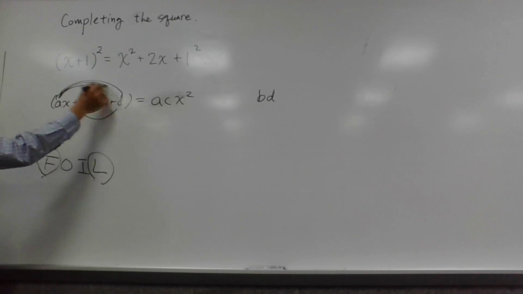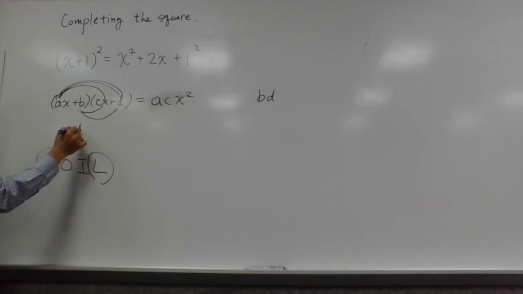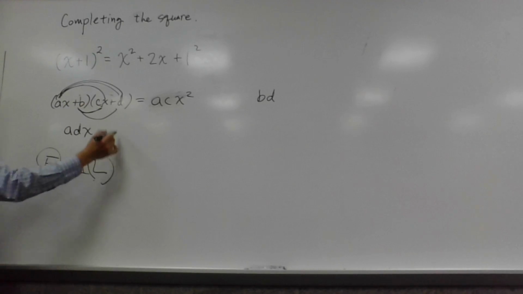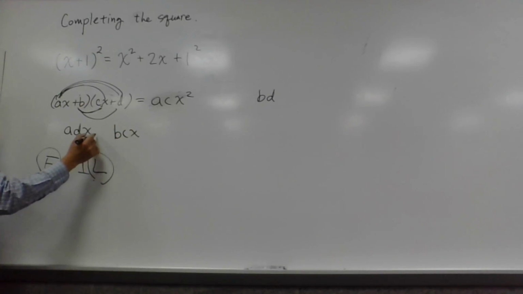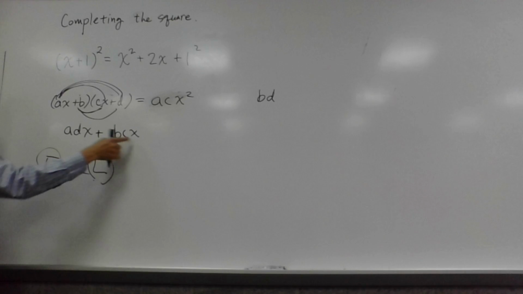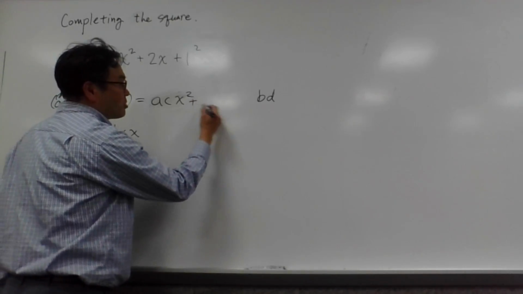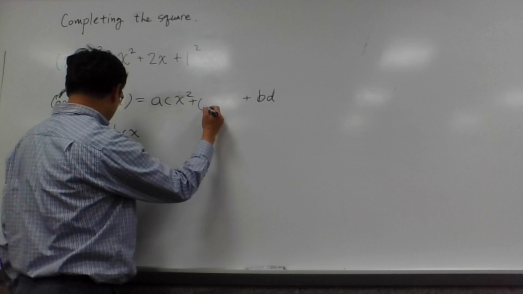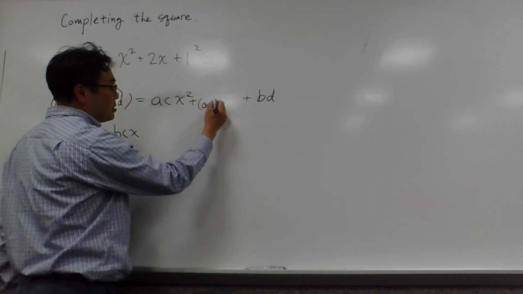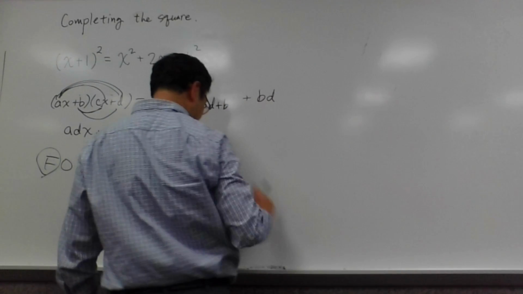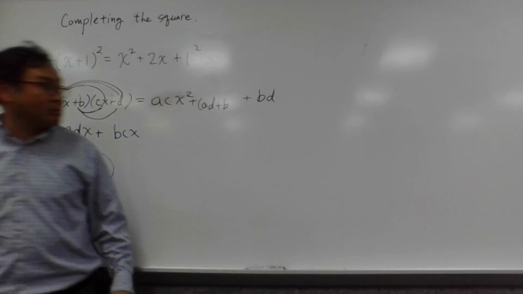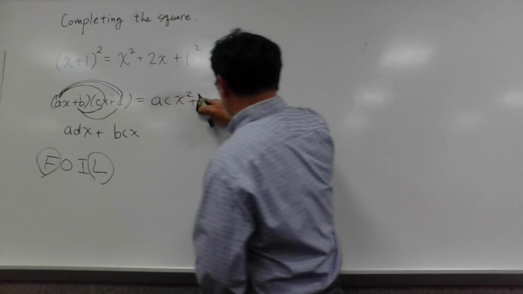However, the outer creates ADX and the inner creates BCX. And these are like terms, so you can factor the x out, which gives you this middle term, AD plus BC times x. Let me just erase this.